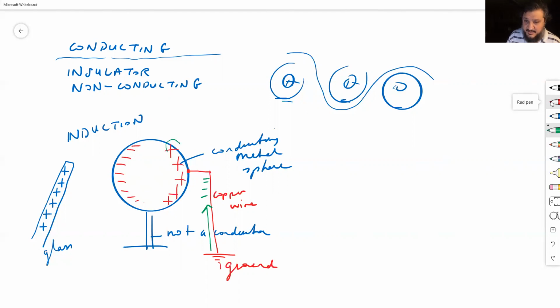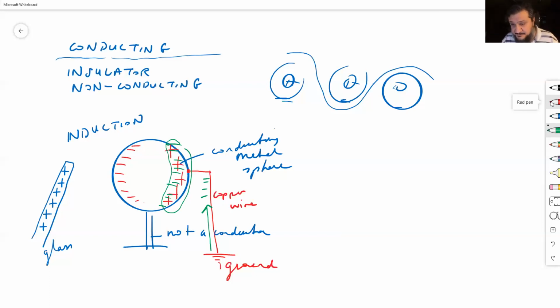These are the positive charges, the excess charge here. These positive charges will attract those electrons, and that many electrons will go and neutralize here. These will be now positive, negative, positive, negative. You have equal number of positive and negative charges on that side. But the other side is still negative because that's near the glass, which was positively charged.